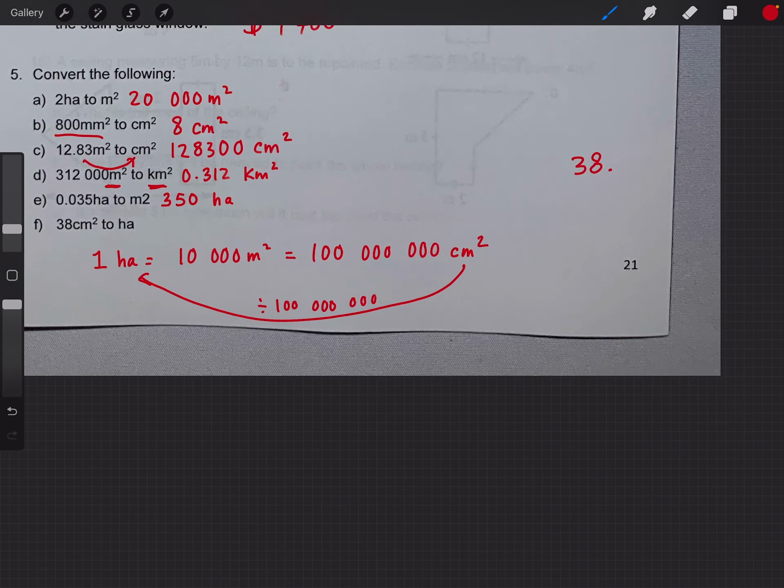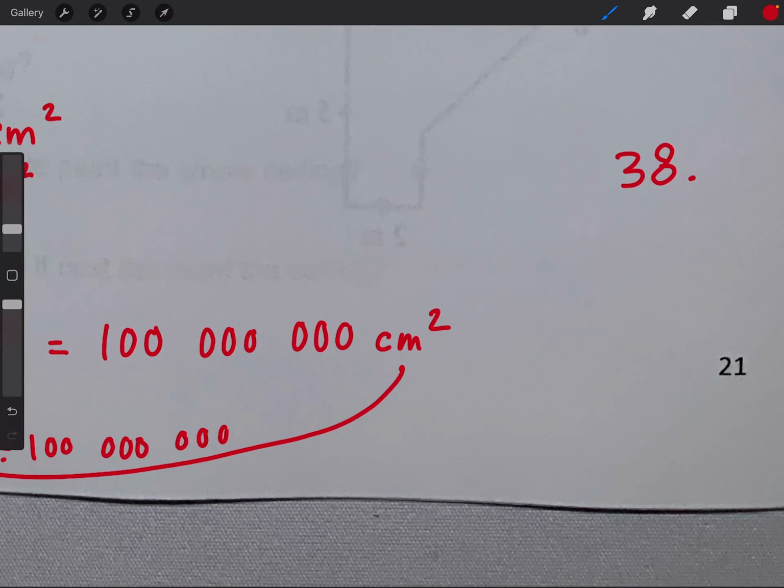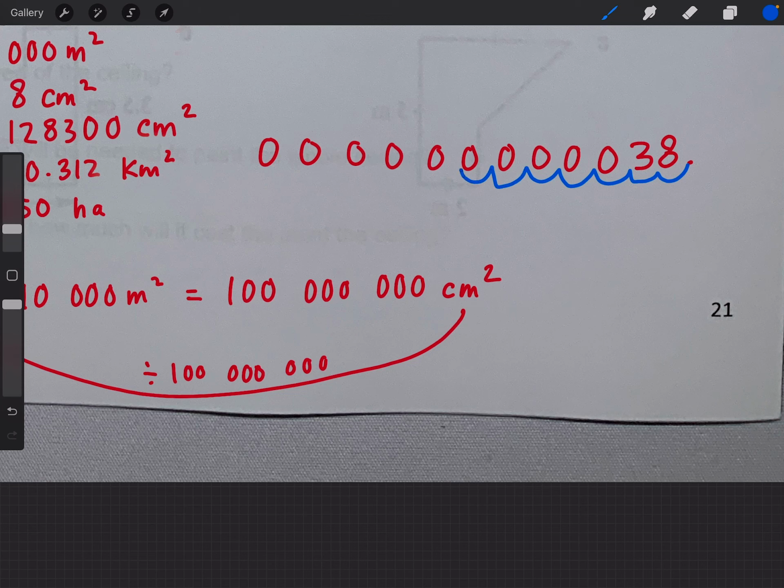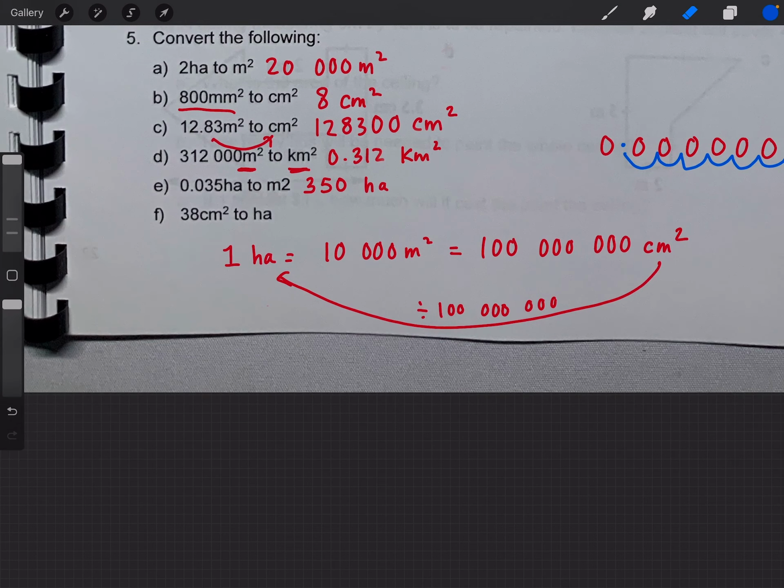Decimal place is always after the last digit. Now since we're dividing, we're going to move decimal place back to the left. So let's just put in a lot of zeros to the left to see where our decimal is going to land. Okay. Now we're jumping back how many? 8 spaces because we've got 8 zeros. So 1, 2, 3, 4, 5, 6, 7, 8. Okay. So decimal place is going to be there. That means we don't care about all the other zeros there. Only up to there. That's good enough.